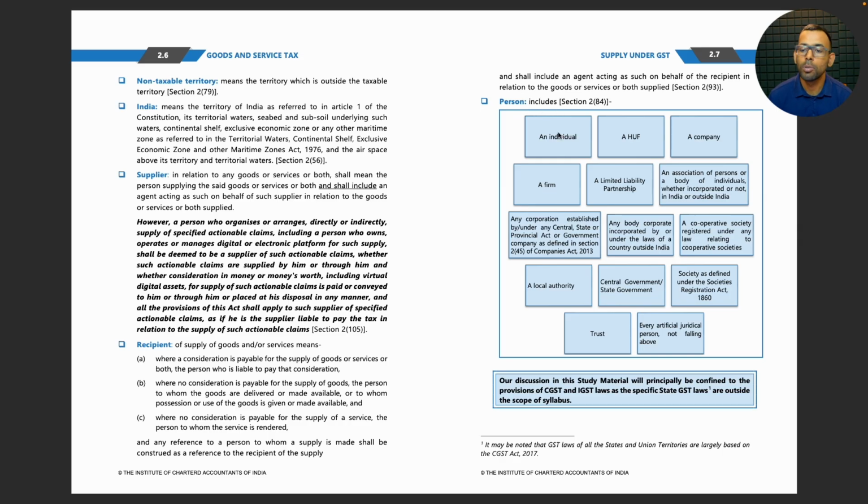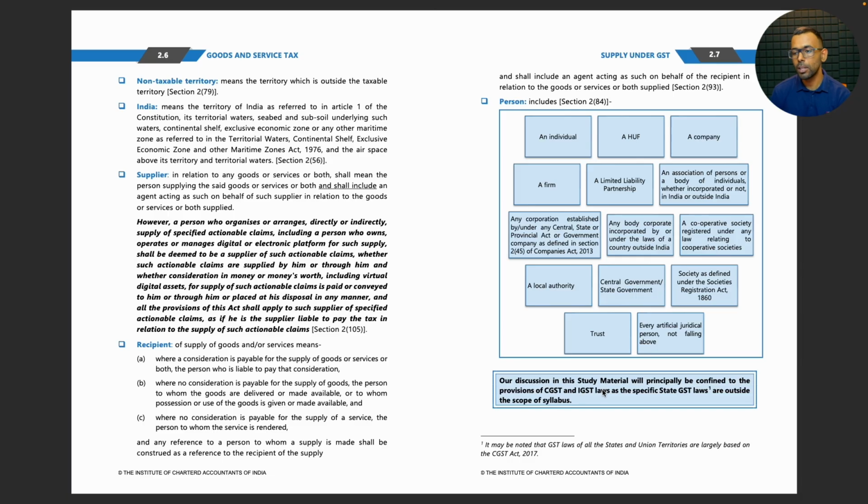Person includes an individual, HUF, company, a firm, an LLP, an association of persons or body of individuals, whether incorporated or not, in India or outside India, any corporation established by or under any central or state or provincial Act or government company as defined in Section 2 clause 45 of the Companies Act, any body corporate incorporated by or under the laws of a country outside India, a cooperative society registered under any law relating to cooperative societies, a local authority, central government or state government, society as defined under the Societies Registration Act, trust, every artificial juridical person not falling above.